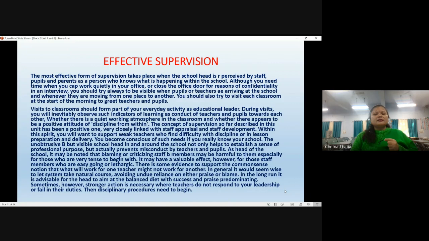And during this supervisory process, you should also think about the staff appraisal and the staff development.